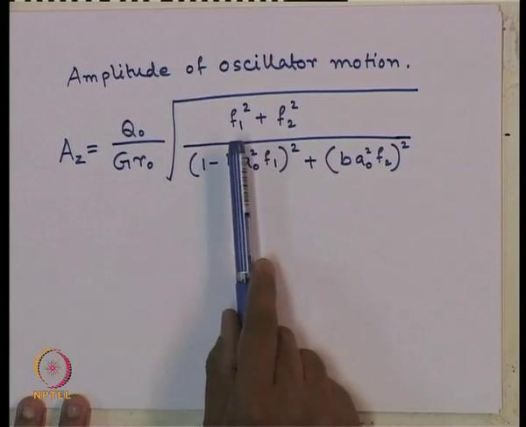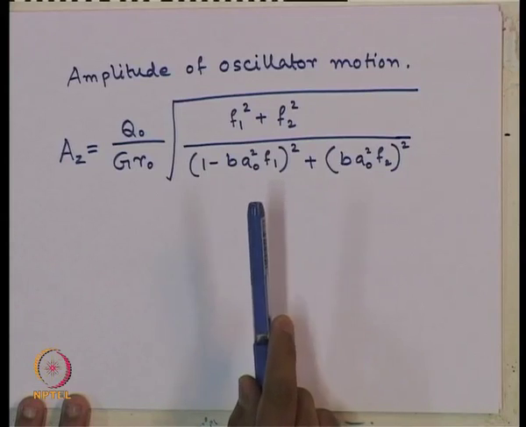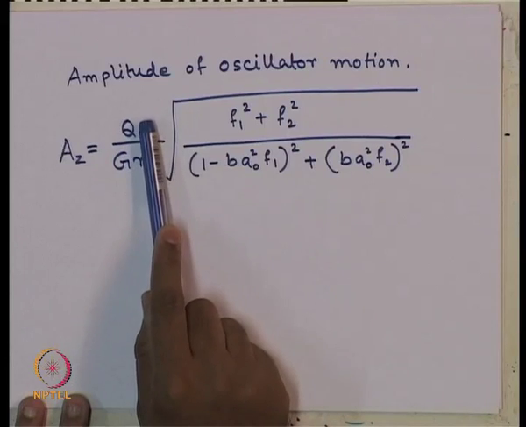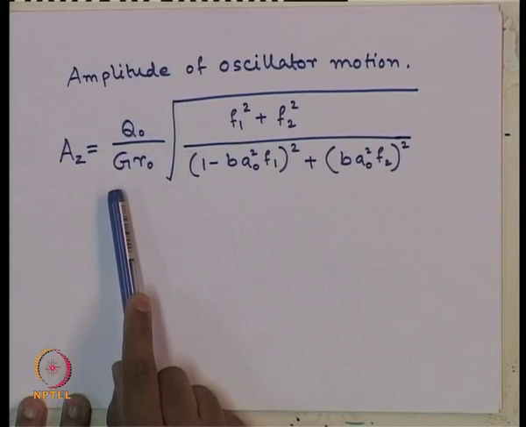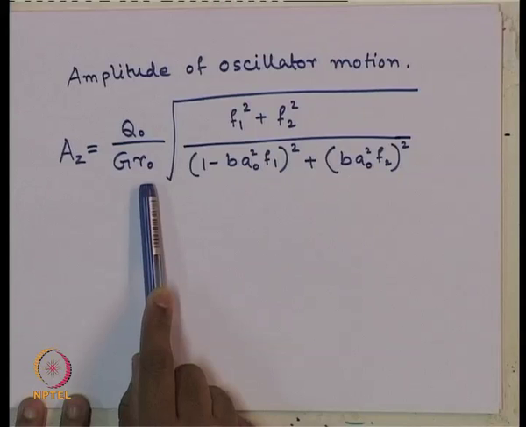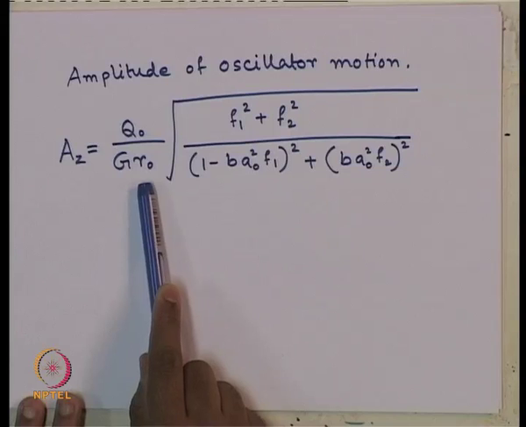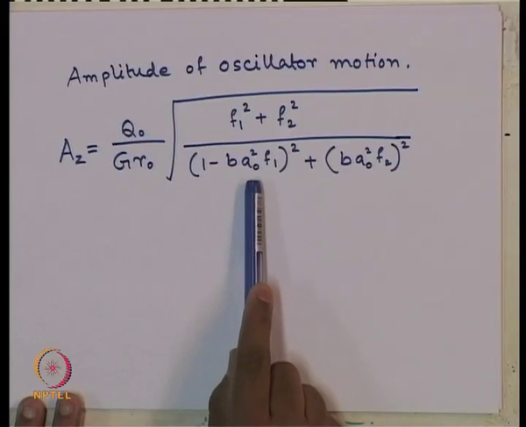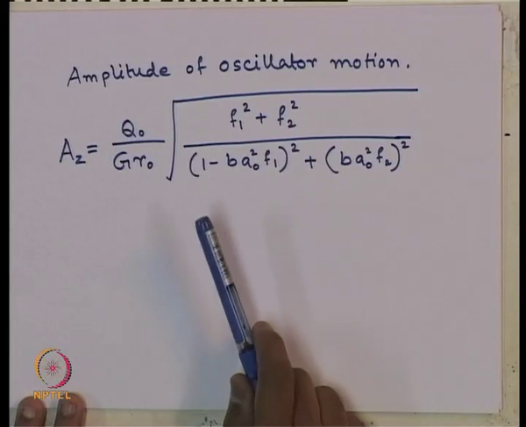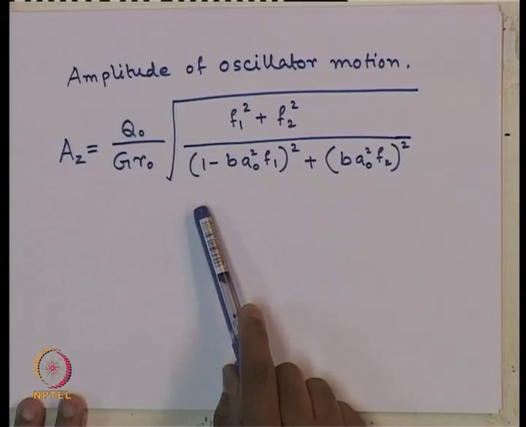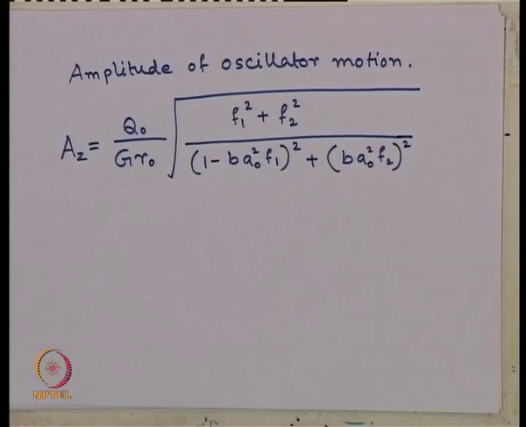So, once we know F1 and F2 from the design chart proposed by Lysmer, Q naught is known to us because it is supplied by the machine manufacturer, G R naught from the given soil property and foundation size, B and A naught you can calculate from the expressions of dimensionless frequency factor and mass ratio we have just discussed. So, Az can easily be obtained.